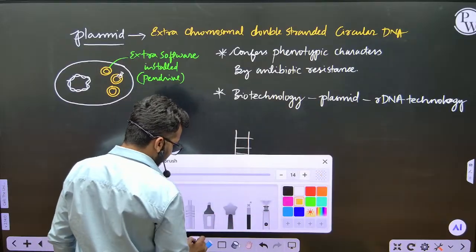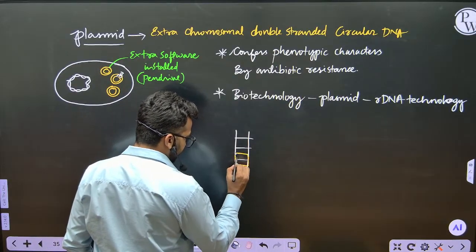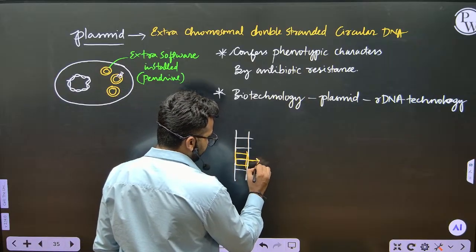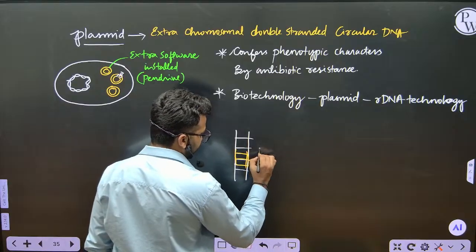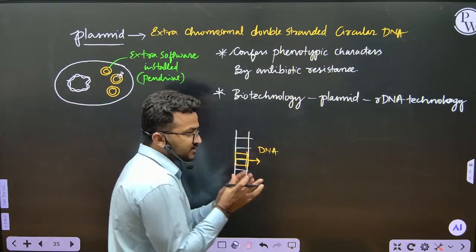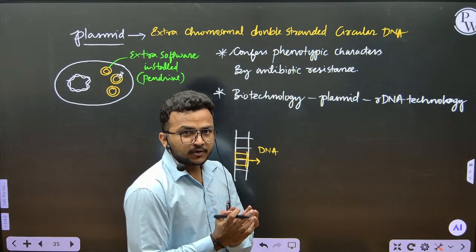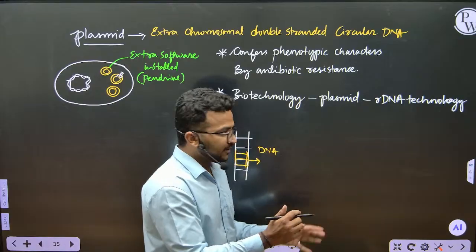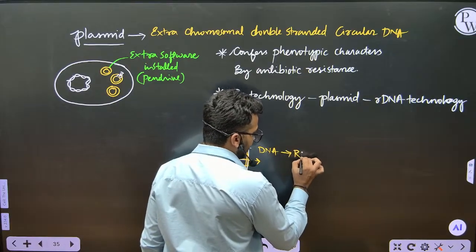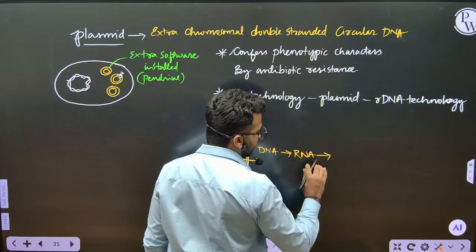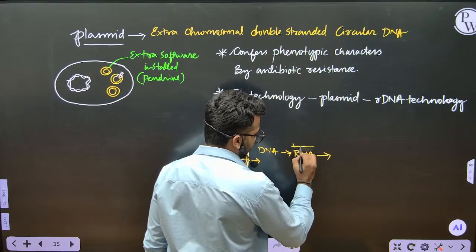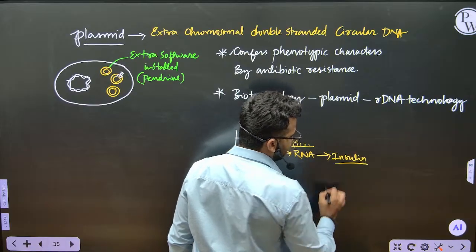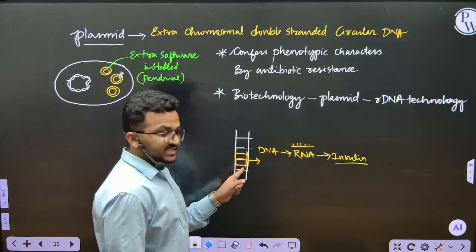Listen here, DNA stores some information to prepare insulin, so it will make RNA, and RNA will translate this code which is present here to make protein, that is insulin is prepared. So this gene is responsible.